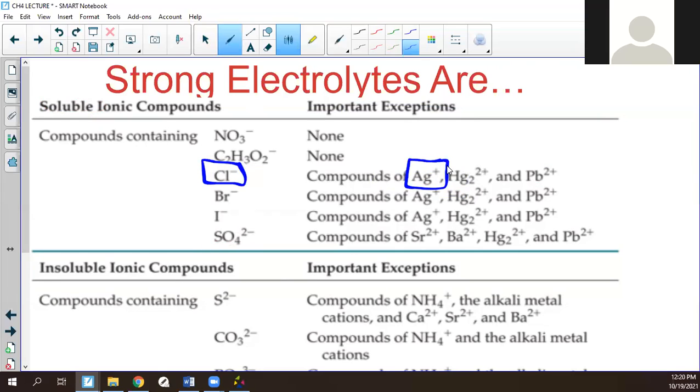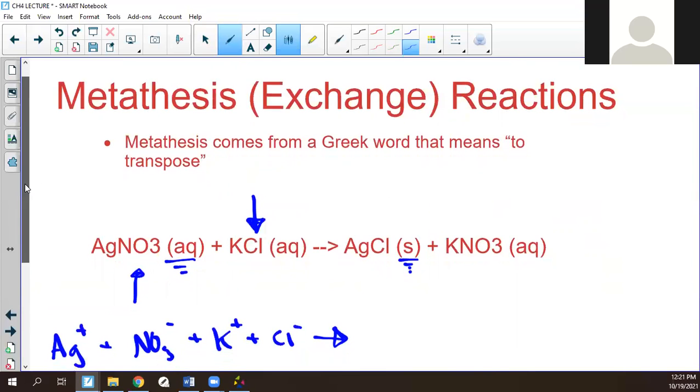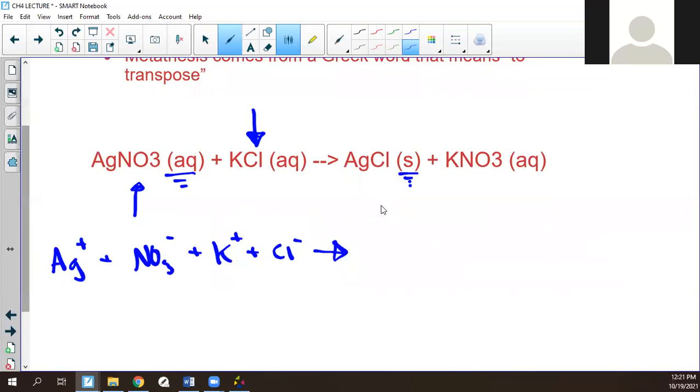Good job, Gabe. So looking right here on our solubility rules chart, we would know chlorine stays apart, except when it's with one of these three, and it's with silver. So we would know this is the precipitate. So since this is solid, inside my beaker, there literally is some AgCl that's stuck together.